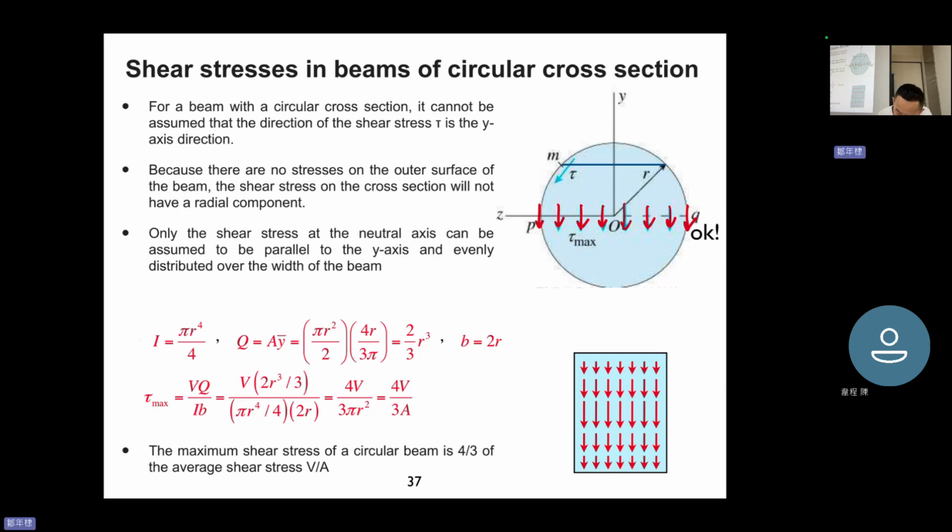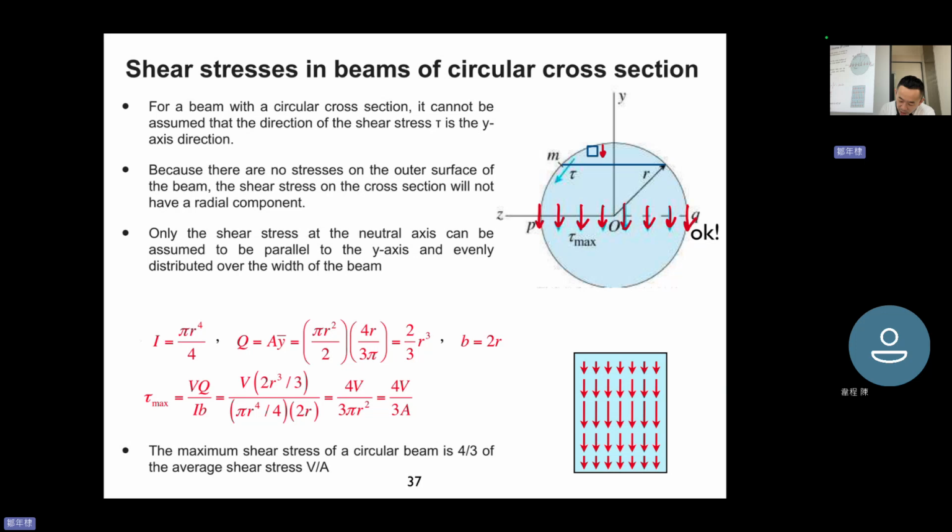Maybe you will ask why we cannot just write down shear stress downward. Can we actually do that? Maybe not. This is a stress element, not at the neutral axis. It's just at the boundary.